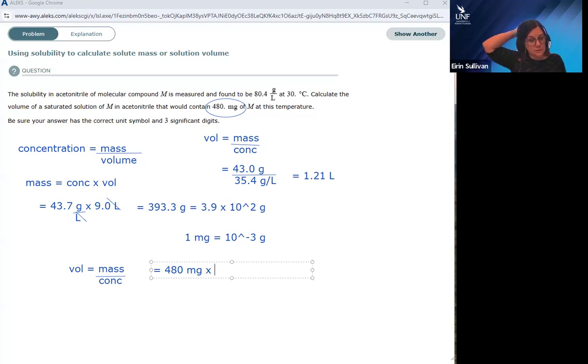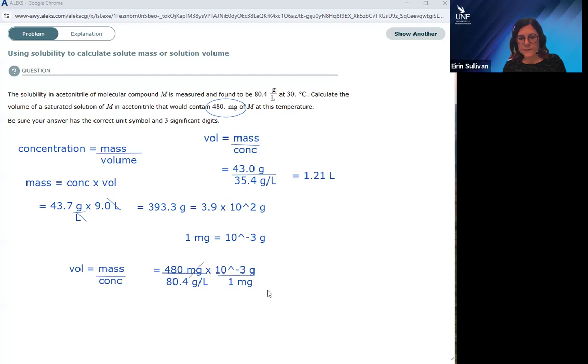We can take that equivalency and turn it into a unit conversion: 10 to the power of minus 3 grams is 1 milligram. And we're dividing through by the solubility, which is 80.4 grams per liter. Let's make sure our units all look compatible. I think we're good. Before we do anything, we can just check our units.